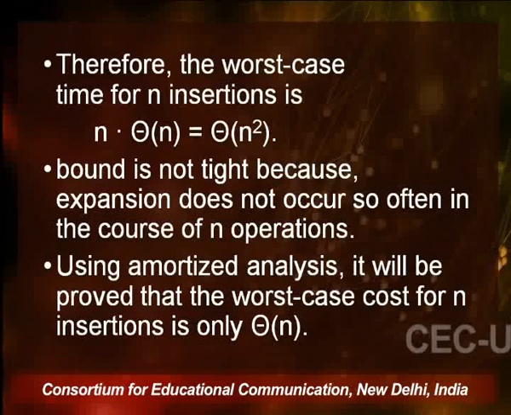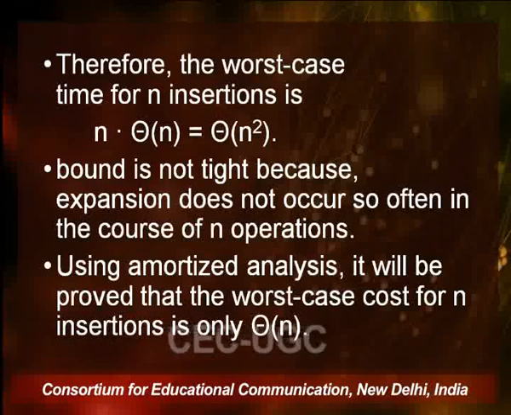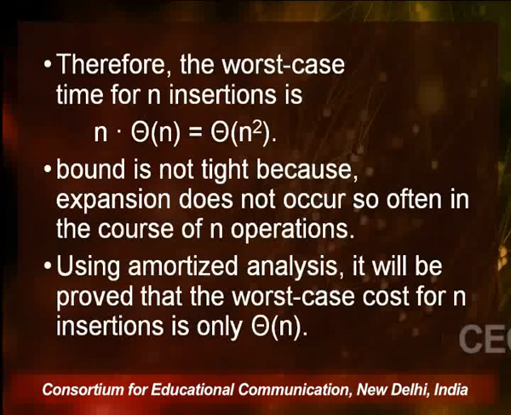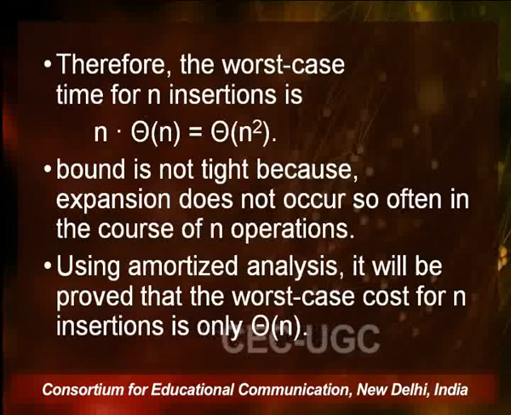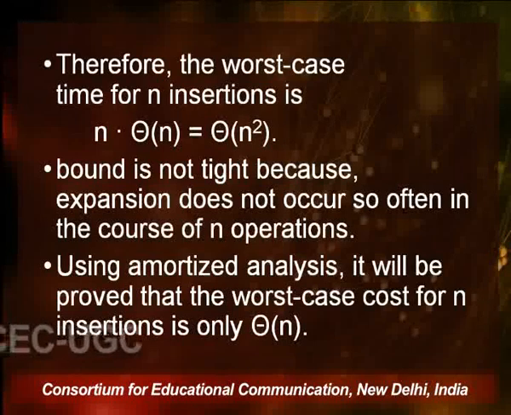So here the sensible idea is, rather than a simple plain analysis, to use amortized analysis. And using amortized analysis, what are we going to prove? The result we are going to have is that the worst case cost for n insertions is only theta n.